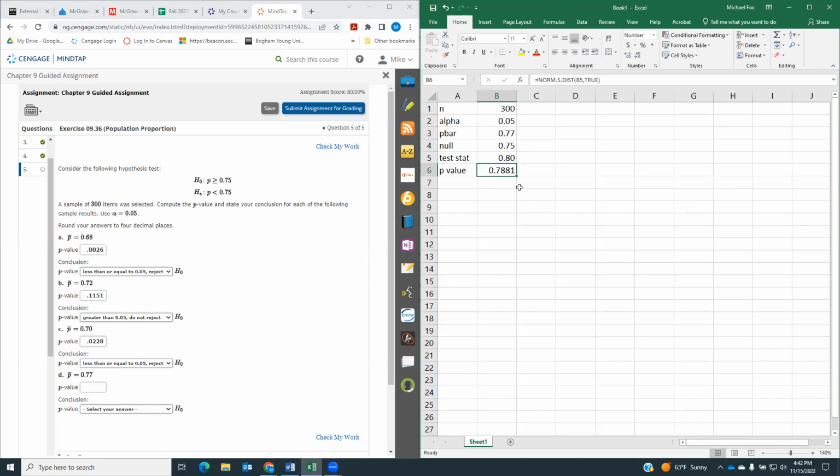And what we need is the probability of the rejection range, right? Which actually in this case isn't true because this is a one-tailed test. So I think they're still going to want 0.7881. We're going to say greater than, do not reject.